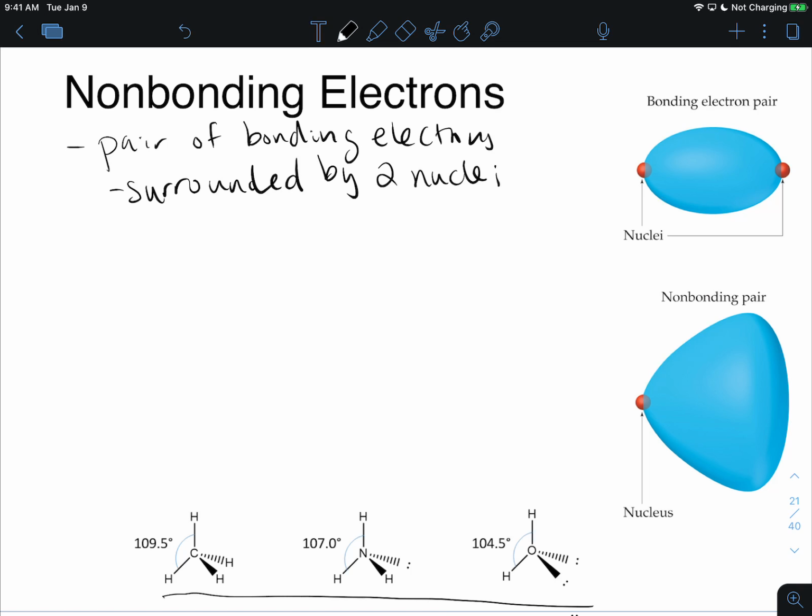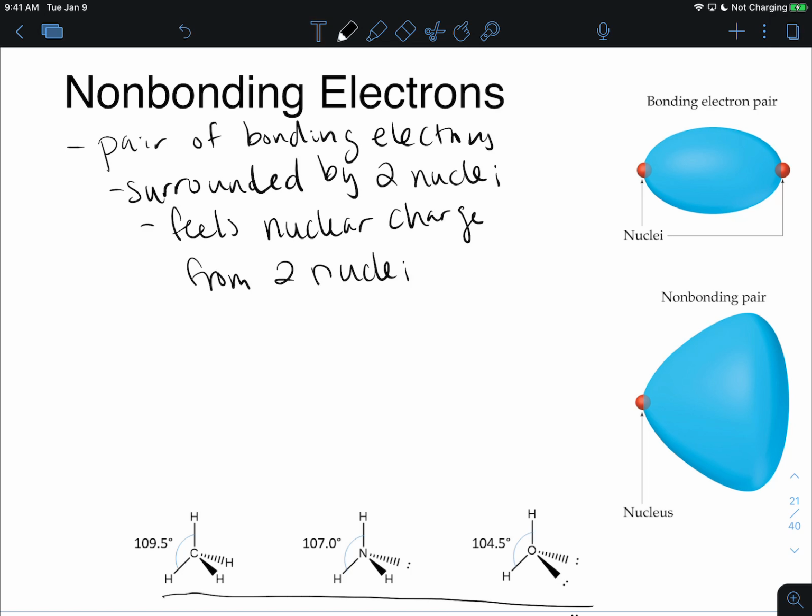Okay, and as such, it's going to experience a certain amount of effective nuclear charge, so feels nuclear charge from 2 nuclei. Okay, and that's going to minimize the size. Remember, anytime we have a greater effective nuclear charge, we have a smaller electron cloud.